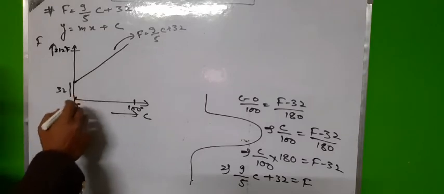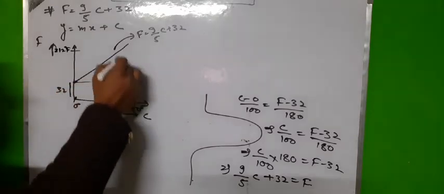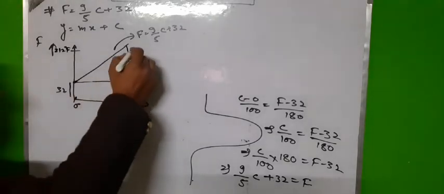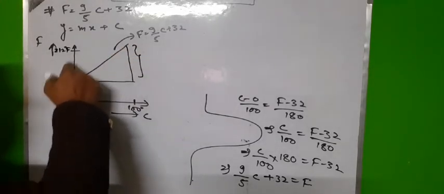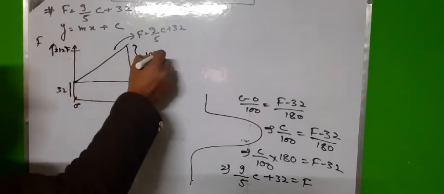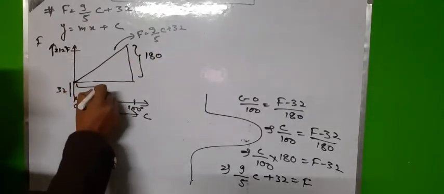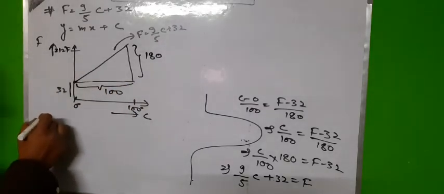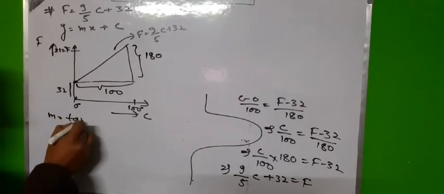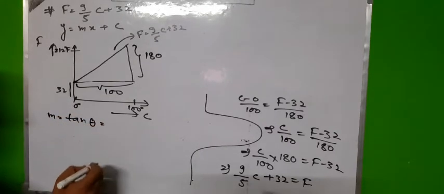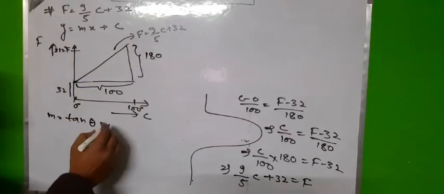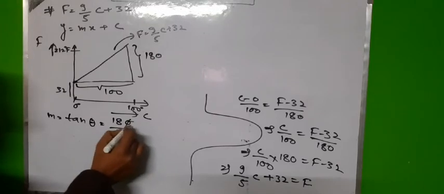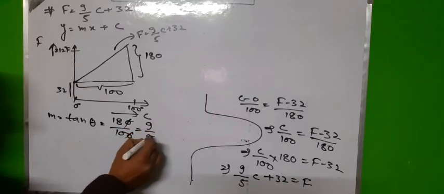So look at here. If we want to find the slope, this difference is 212 minus 32, that is equal to 180, and this difference is 100. So the slope of this graph, m, is equal to tan theta, and it is equal to 180 upon 100, that is 9 upon 5.